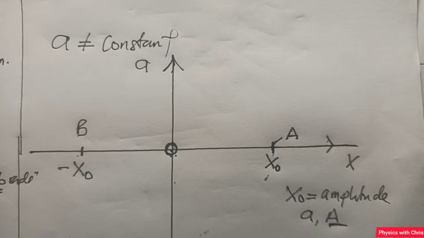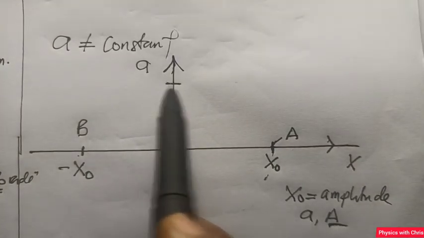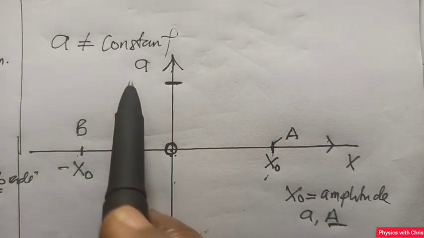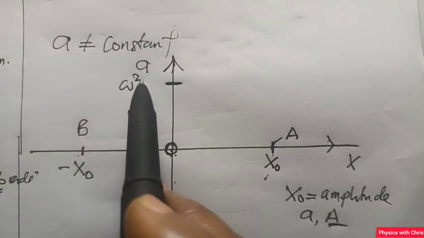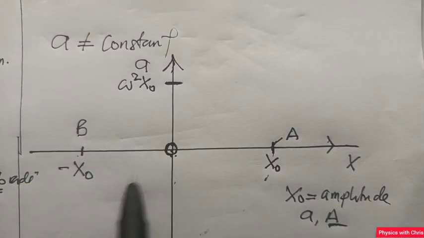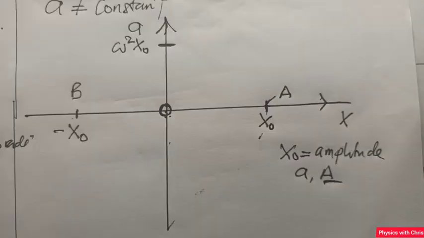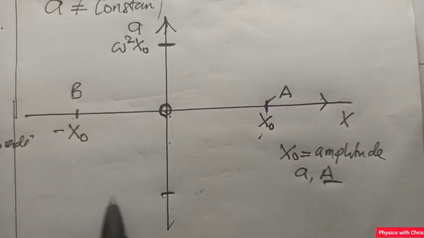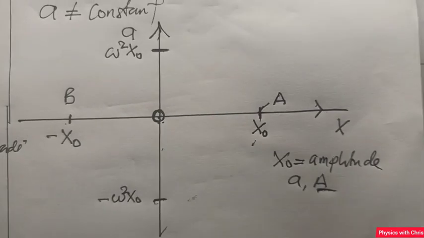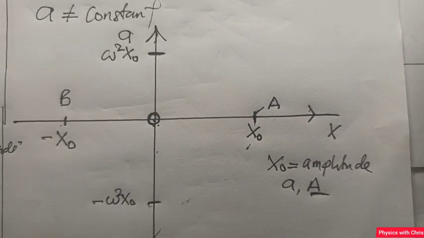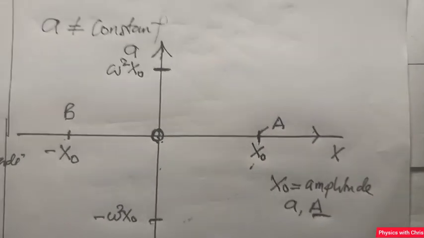So let's say that the maximum oscillation is at this point. Of course, the maximum acceleration is given by omega squared times x naught. That's positive. And acceleration can also be on the other side, negative: negative omega squared times x naught. We just need 3 points to be able to draw this graph.